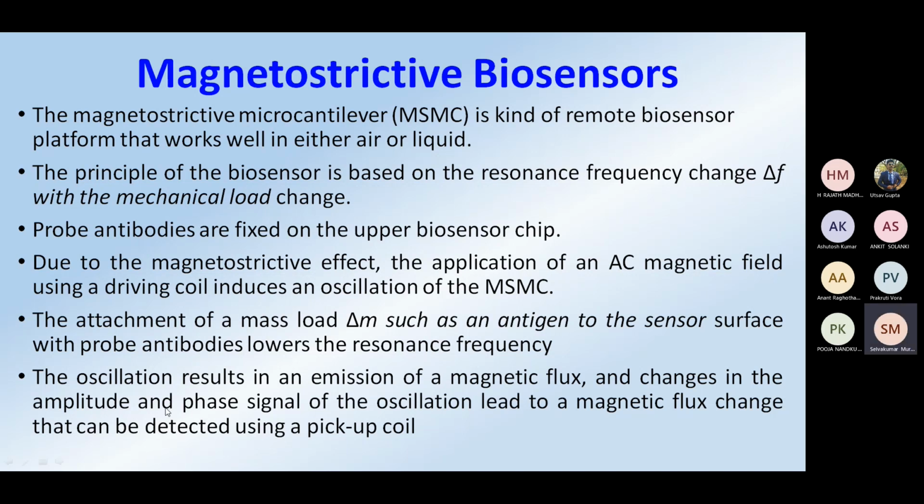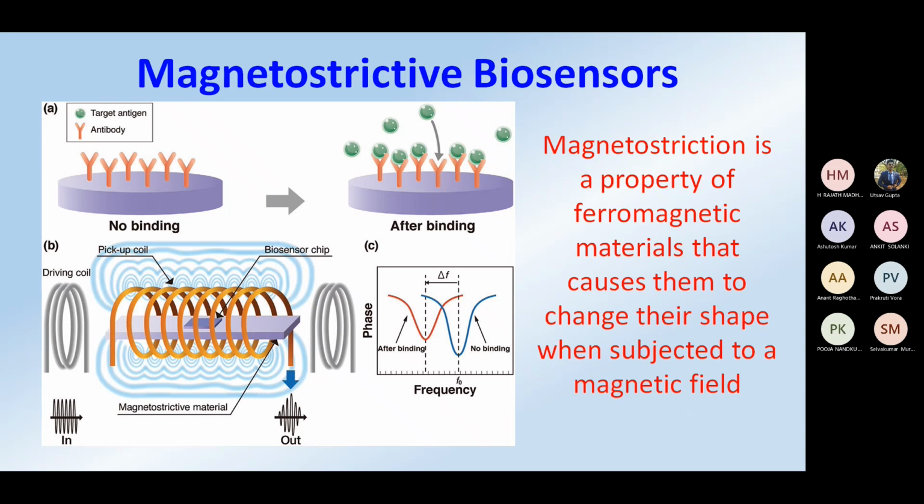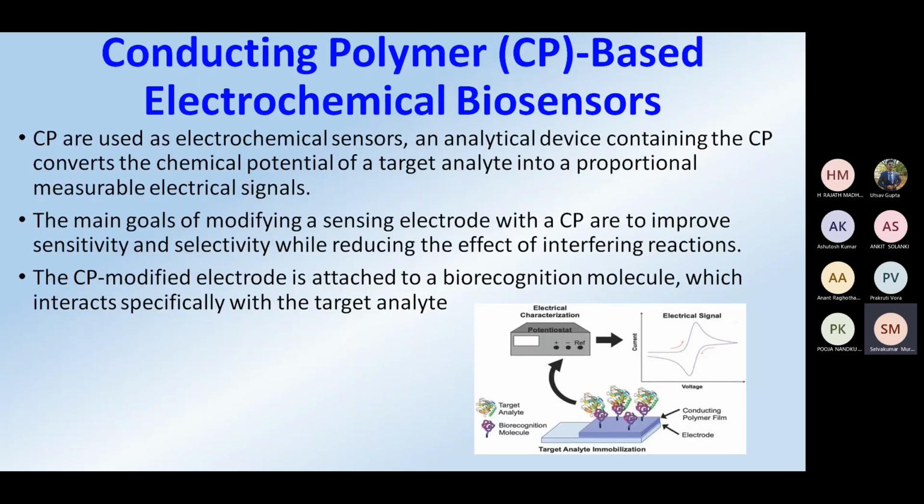And the oscillation results in an emission of a magnetic flux, and changes in the amplitude and the phase signal of the oscillation lead to a magnetic flux change, and that can be detected using a pickup coil. So again, you will have this kind of change in the frequency, before binding and after binding. By taking that change in the frequency, you can say how good the sensitivity was or how intense the detection was. Okay.